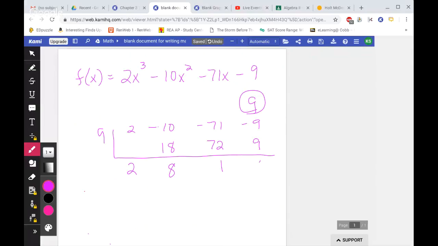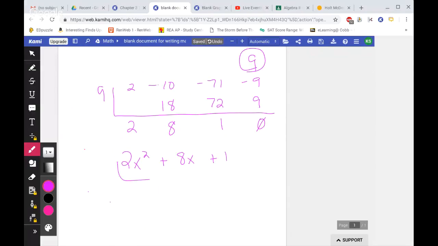Negative 9 and 9 is 0. So now I have 2x squared plus 8x plus 1. I'm going to slide and divide, which tells me I've got x squared plus 8x plus 2.